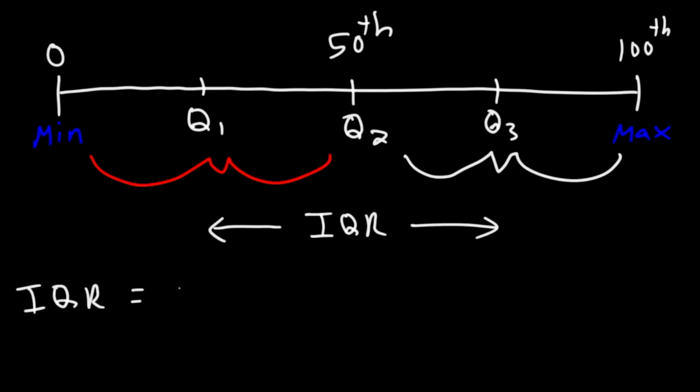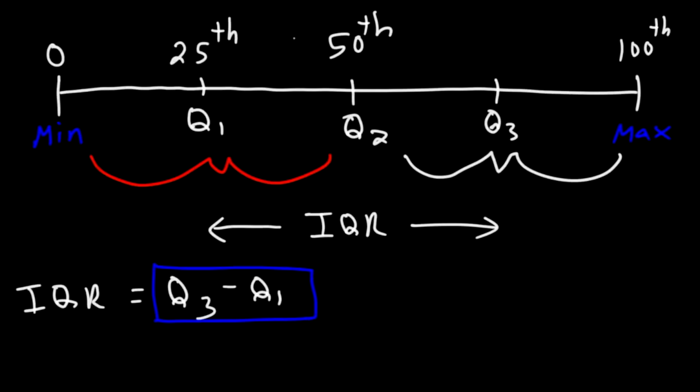IQR is the difference between the 3rd quartile and the 1st quartile. And so that's how you find it. By the way, Q1 represents the 25th percentile, and Q3 represents the 75th percentile.